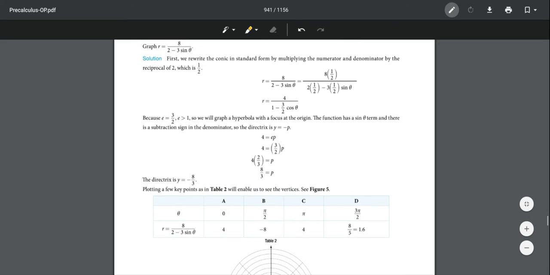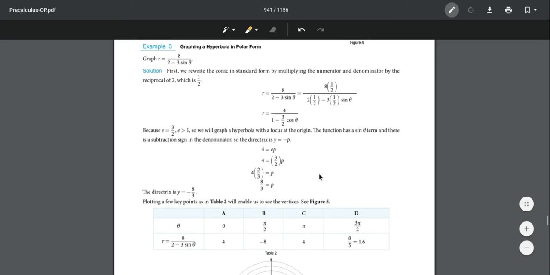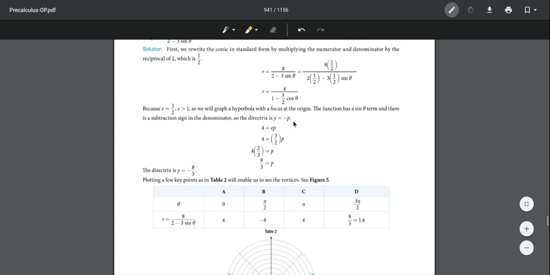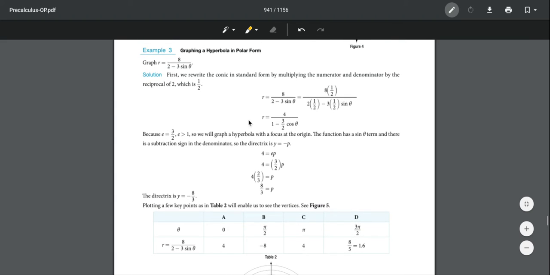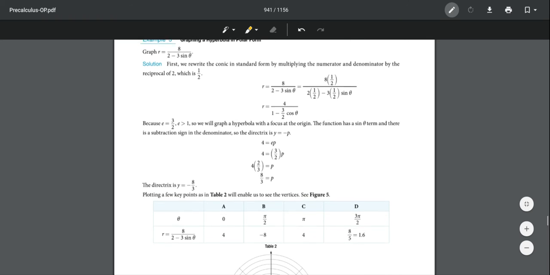So let's look at a hyperbola. If I'm graphing a hyperbola, again, I'm going to take the equation and figure out what e is. e is 3/2, which is more than 1. It's cosine, so it's not cosine, it's sine. Why does this say cosine? That must be a typo. This is sine, so it's going to be opening up and down.